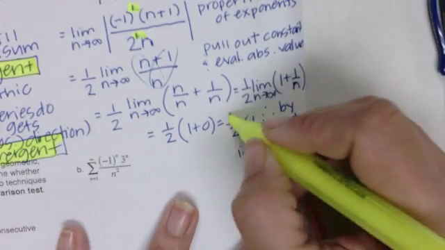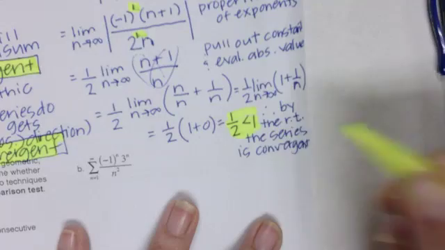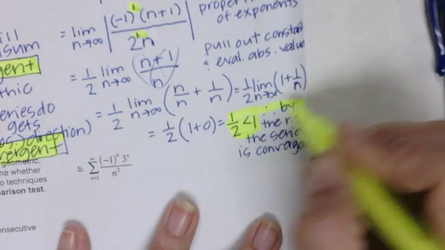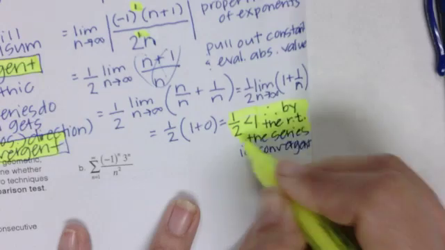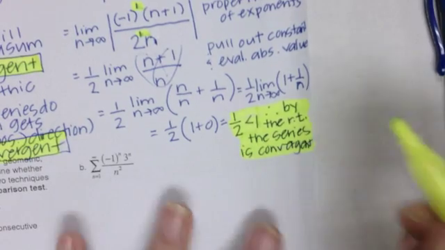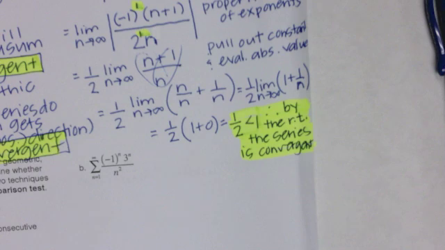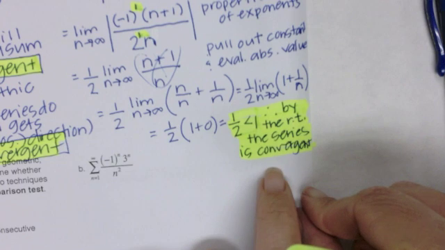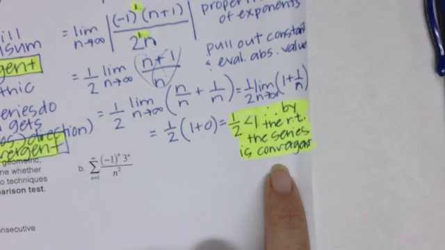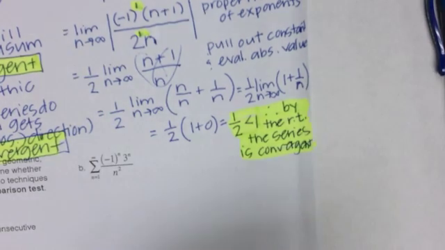So 1/2 is less than 1, super important to compare it, so therefore by the ratio test the series is convergent. I did all that out there for you, highlighting like these. This is a super key part to it. You have to have that statement right there.